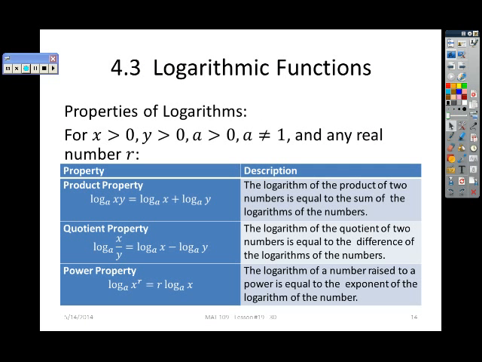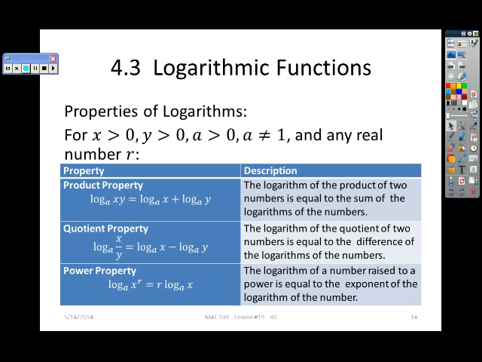When you're working with equations that have logarithms in them, sometimes you will encounter situations where you can make the equation simpler by breaking that logarithm apart into multiple logarithms, or sometimes it would be better if you combine them all together into a single one. Fortunately, that's possible with these logarithmic properties.